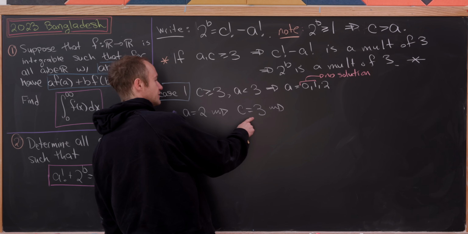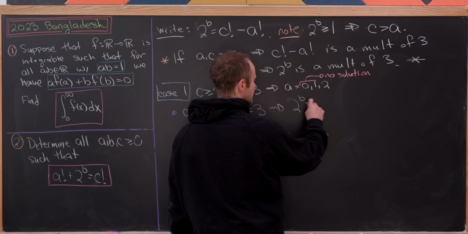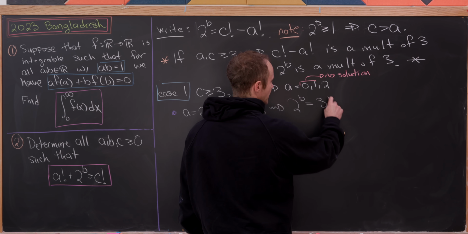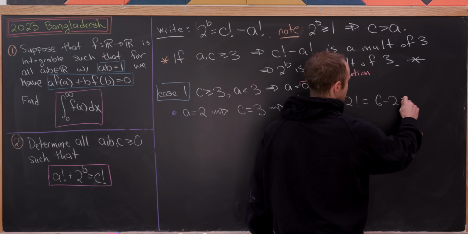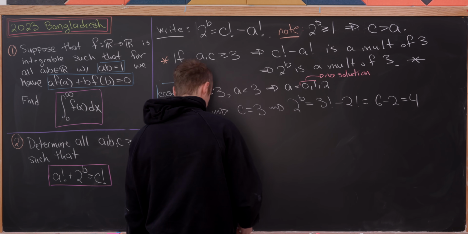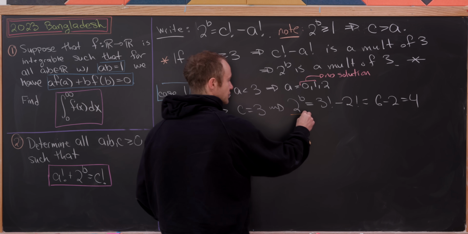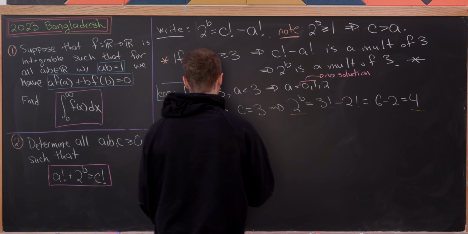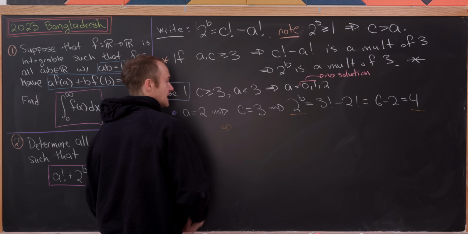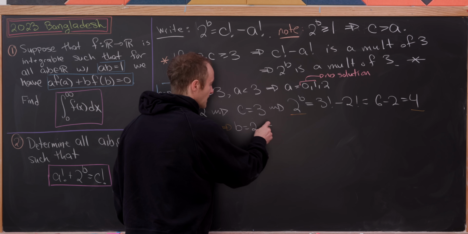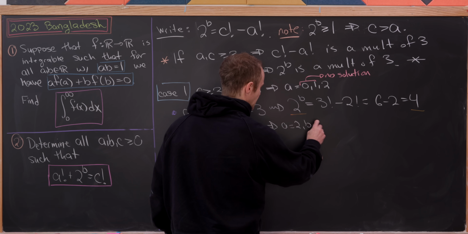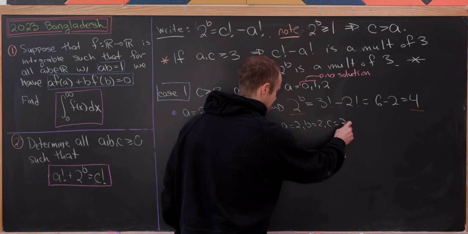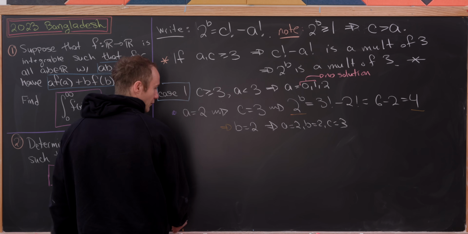So if a is 2 and c is 3, that means 2 to the b is equal to 3 factorial minus 2 factorial, which is 6 minus 2, which is 4. So that means we have 2 to the b is equal to 4, which means that b is equal to 2. But that gives us a solution. We've got a is equal to 2, b is equal to 2, and c is equal to 3. Okay, well, that's good news.